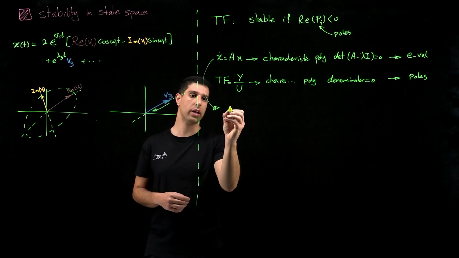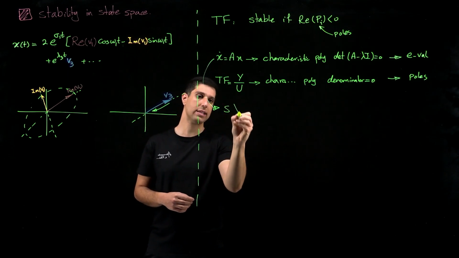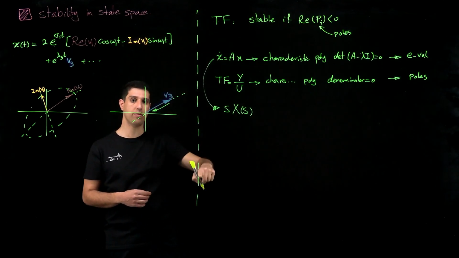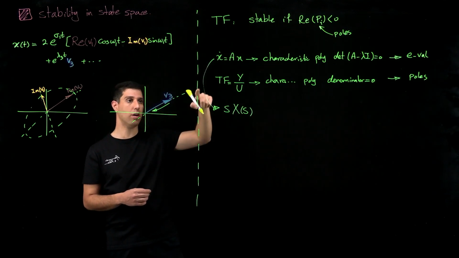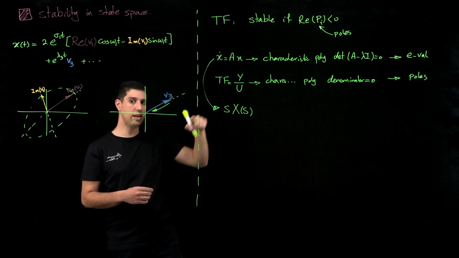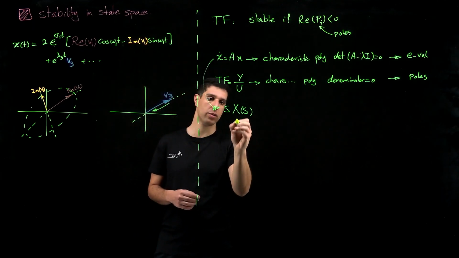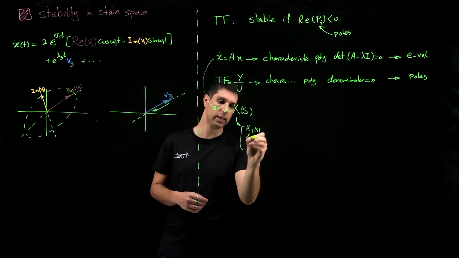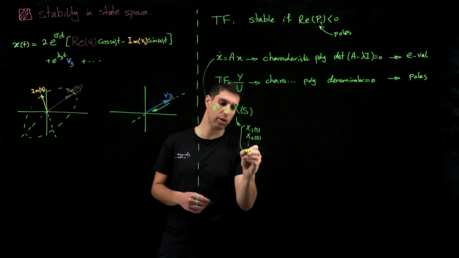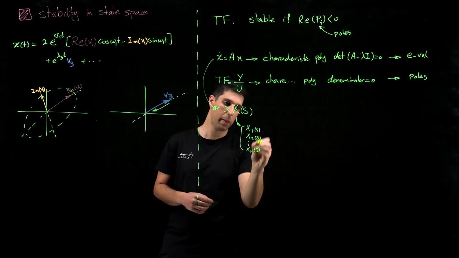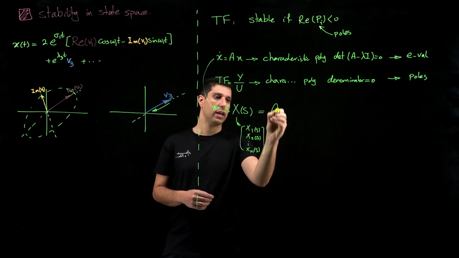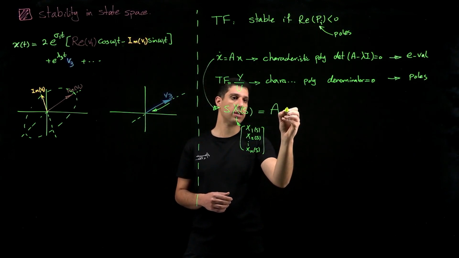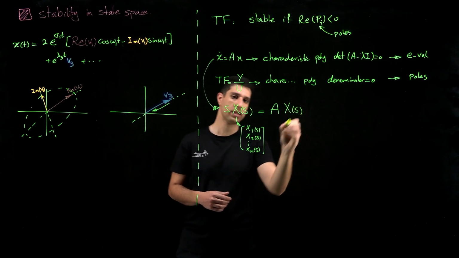What I'll end up with is s x of s, where x of s is a vector of Laplace transformed state variables: x1 of s, x2 of s, and so on to xn of s. Taking the Laplace of the other side, A is again a constant matrix, let's keep it as is, times x of s.